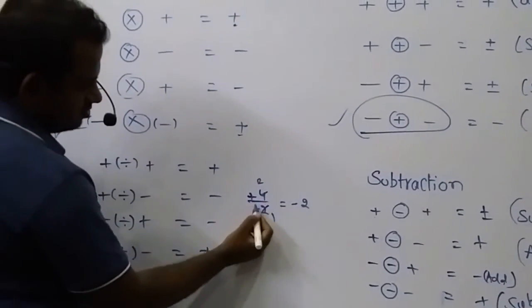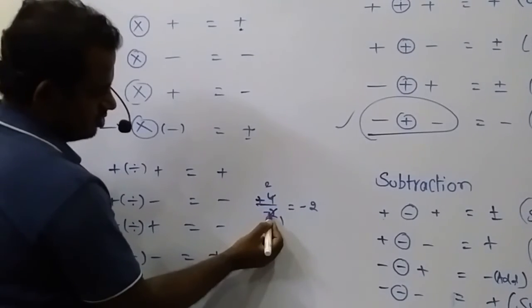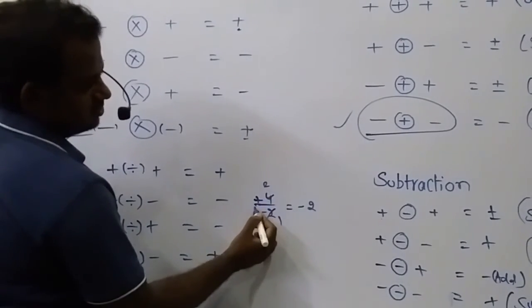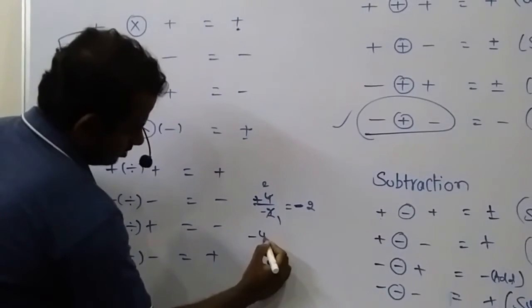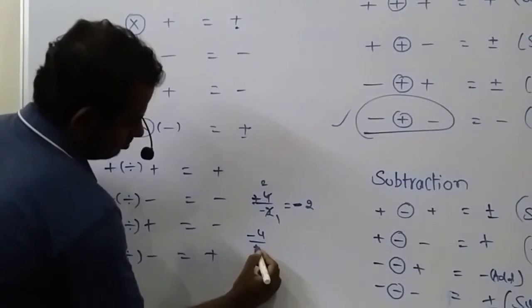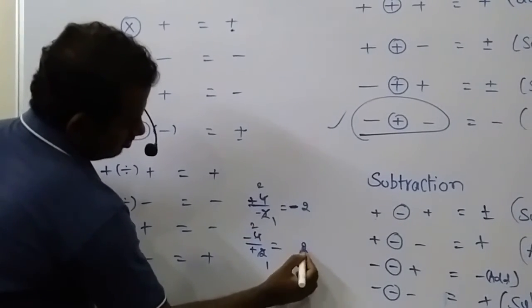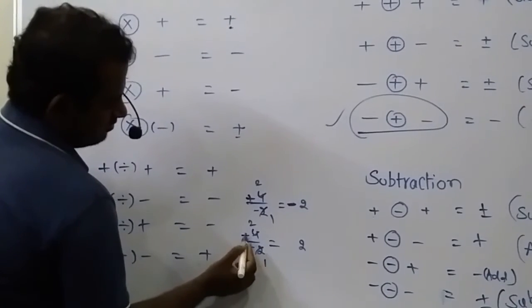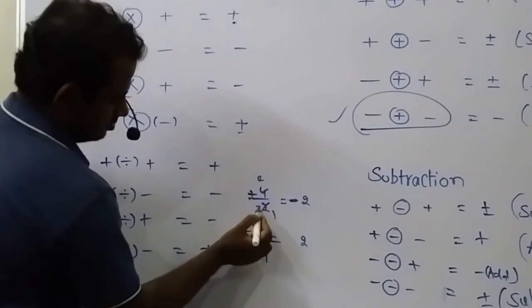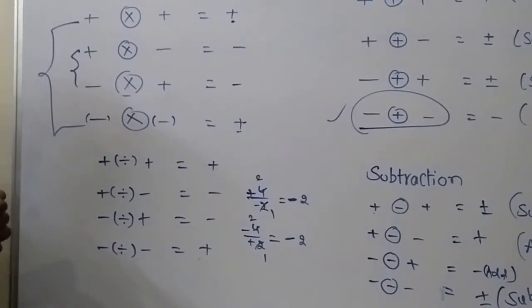In division, if the numerator and denominator have different signs, then the result will have a negative sign before it. Or take it this way: if I divide minus 4 by plus 2, the result is 2. What sign do we have to take care of before the result? If the two numbers have different signs, either plus minus or minus plus, before the result we will take a negative sign.